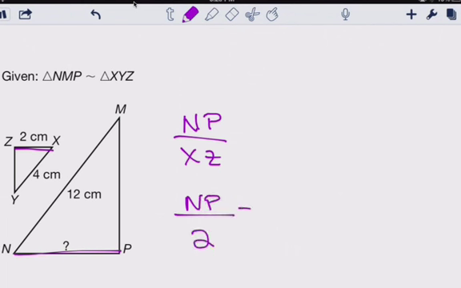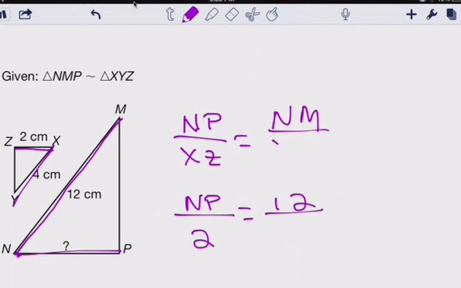XZ is 2 equals, okay, NP, so I'm going to do NM, which is 12, and NM over XY is 4. So the answer should come out 3. So the only possible number for NP to be is 6 to come out 3.